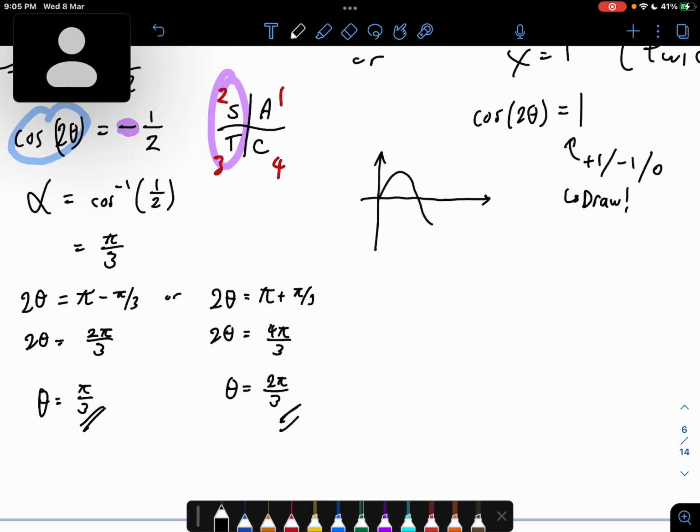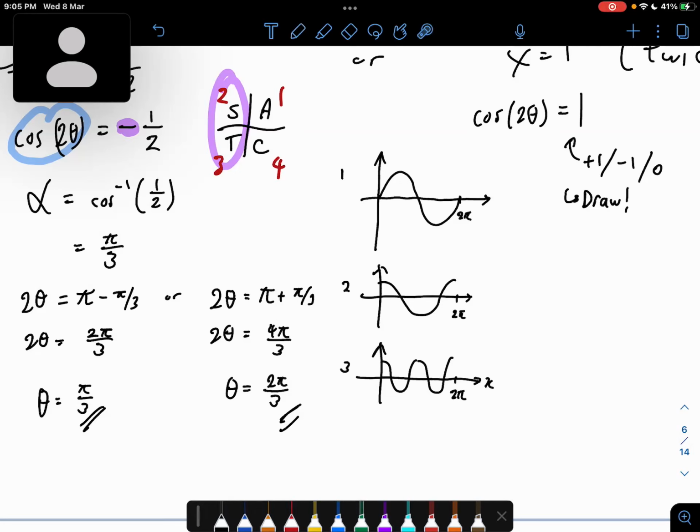That's sine. That's cosine. Which one is it? Option 1, option 2, option 3. It's option 3, the last one.